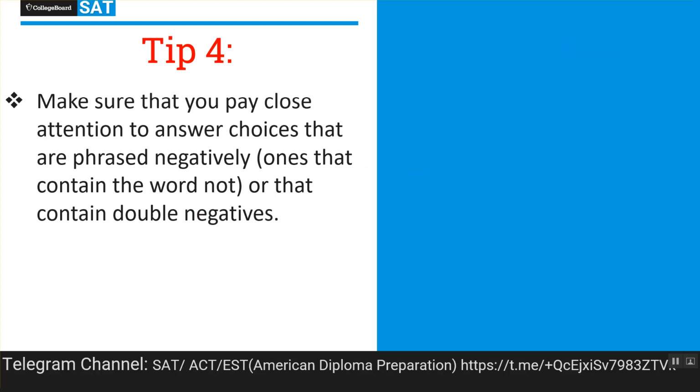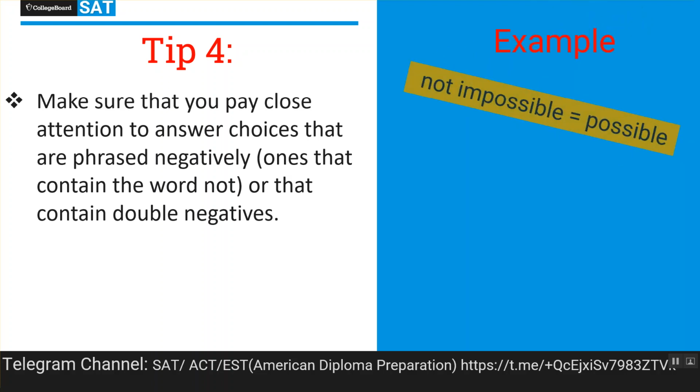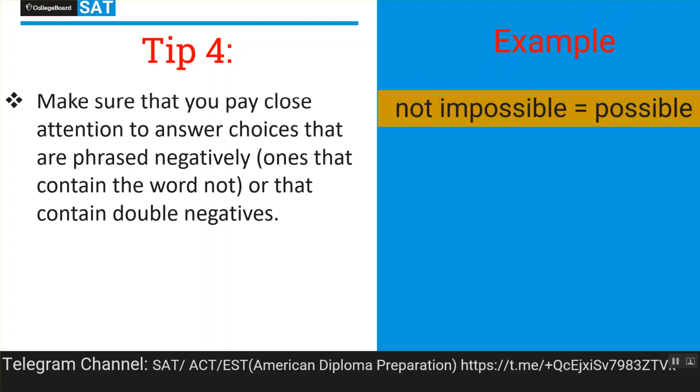Step 4. Make sure that you pay close attention to answer choices that are phrased negatively. Why? Because some answer choices can contain double negatives. So what's dangerous about that? Why should I be cautious about it? Because, as we usually say, a negative of a negative equals a positive.